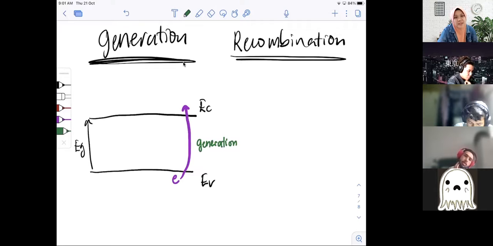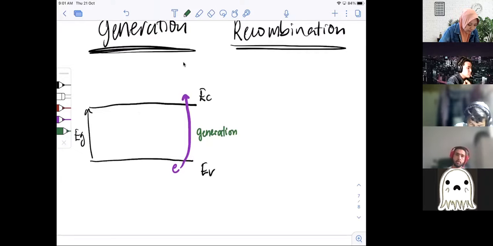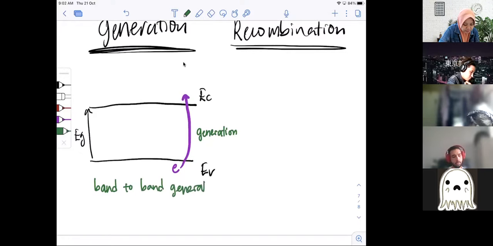It's called generation because it generates free carriers. This type of generation we call band to band generation, because it's generating from band to band, from valence band to conduction band.